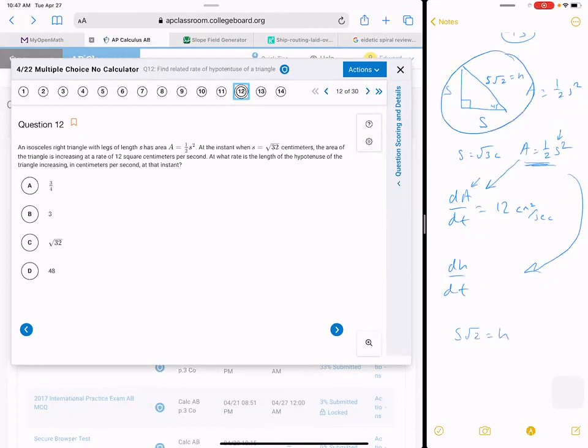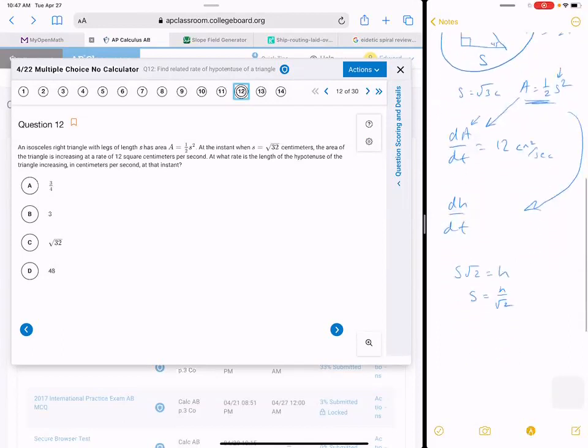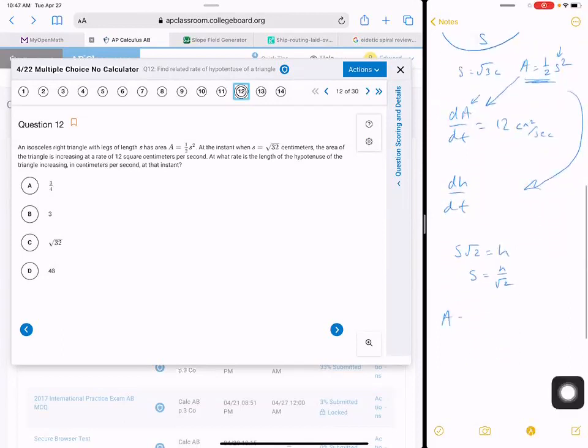That's what the hypotenuse is. So if I want to solve for s, s is equal to h over square root of 2. Now I'm going to cheat here. I'm going to write A is equal to 1/2 s squared, but s is now h over square root of 2, squared. Okay, how do you feel about that?